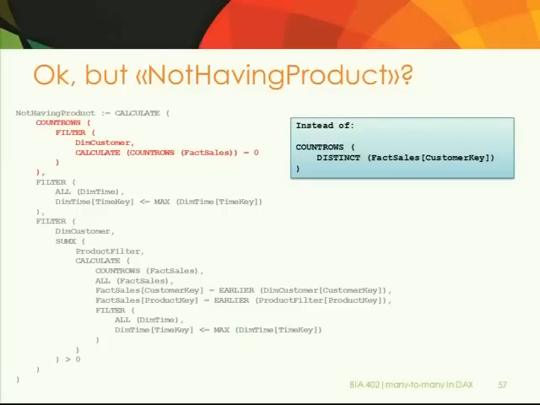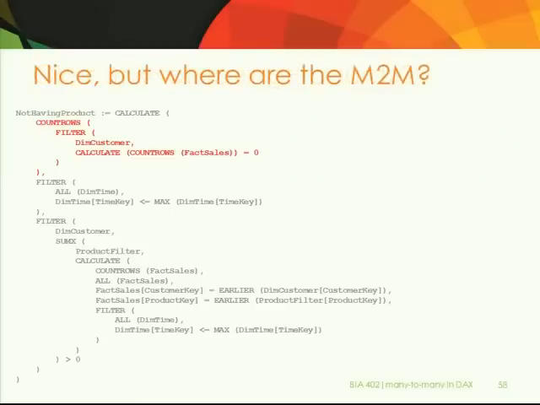Before we counted the number of customers, now we are counting the number of customers that don't have any sale. So that filter filters the customers who have bought a mountain bike, and there I check whether they have or have not bought one of the product filter models.